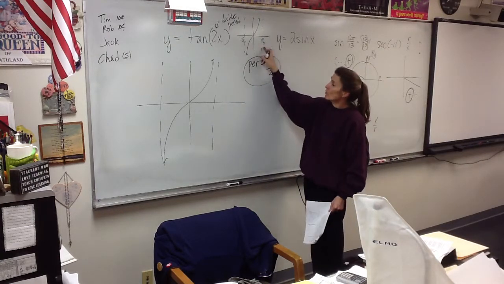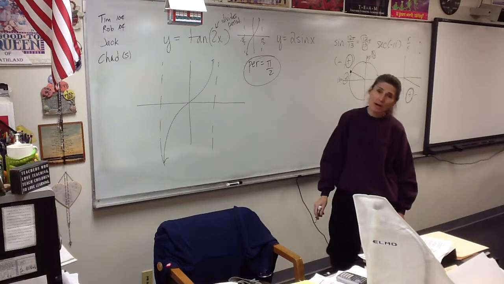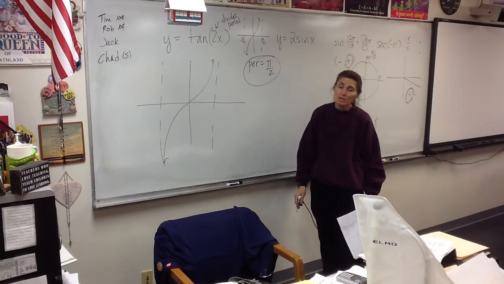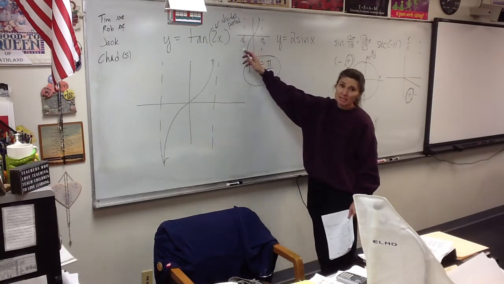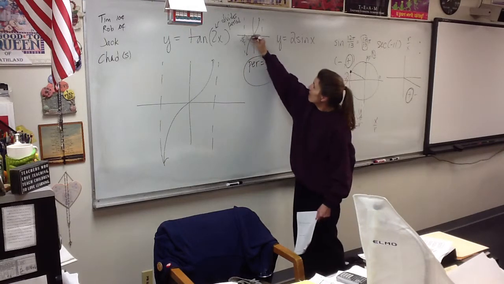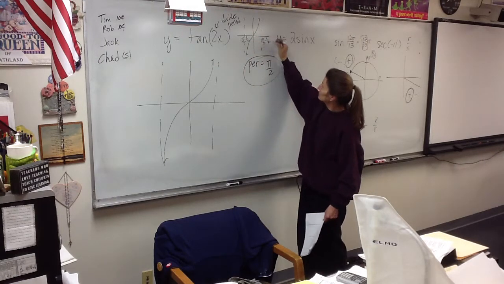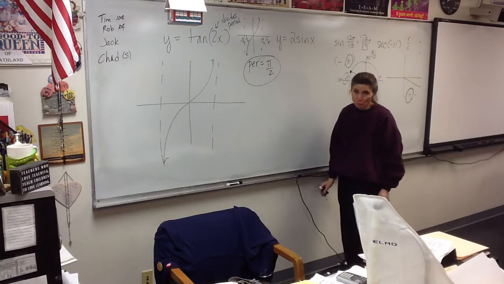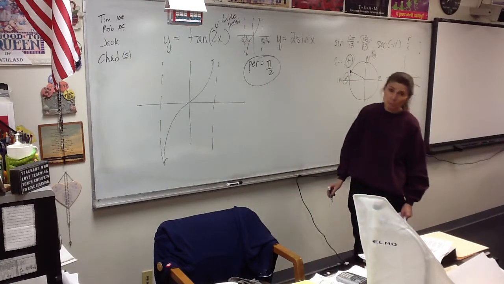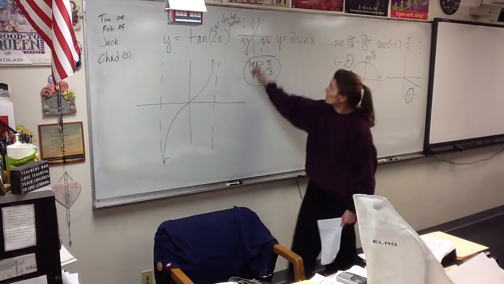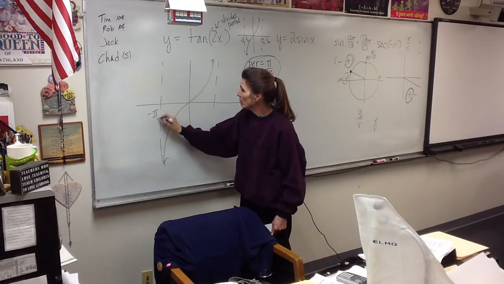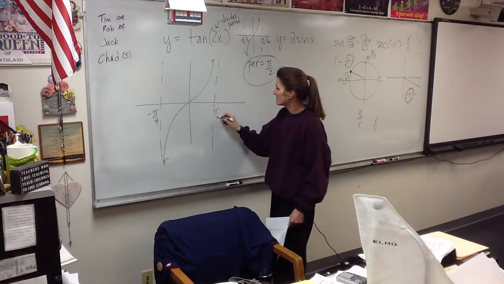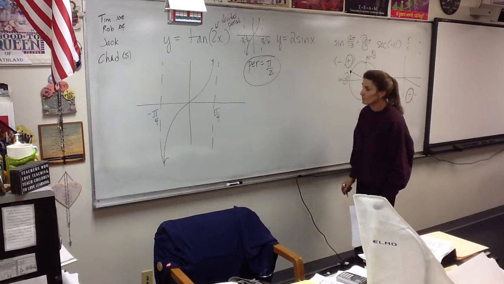Now these are already fractions. Dividing by fractions, that's a pain. So instead of saying divided by 2, let's say times a half. Dividing by 2 is the same as multiplying by a half. So that would give me negative pi over 4 and positive pi over 4.